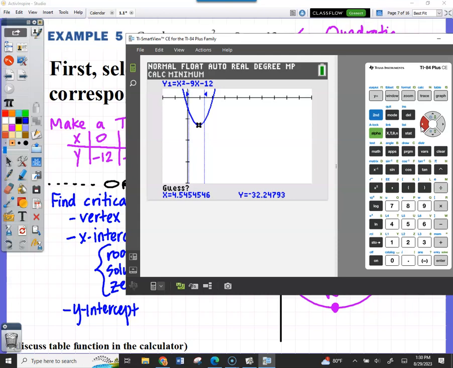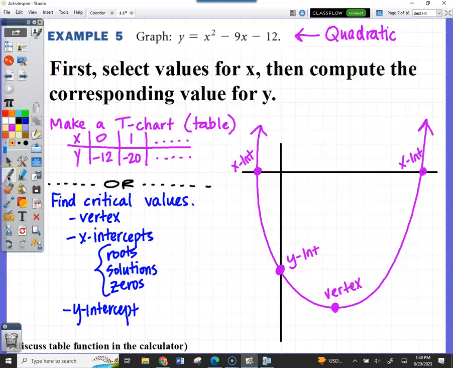In fact, we're going to have some graphs where the cursor, for whatever reason, skips right over the vertex. It jumps too much. So you just have to put it as close to it as you can. Then you hit enter, and then it's going to give it to you in coordinate form. Now, we are going to round this because that's ugly. So we're going to write this down. We're going to say 4.5 and negative 32 1/4.